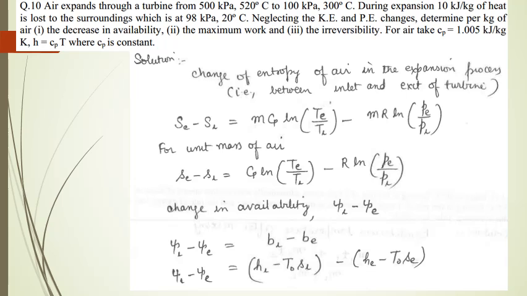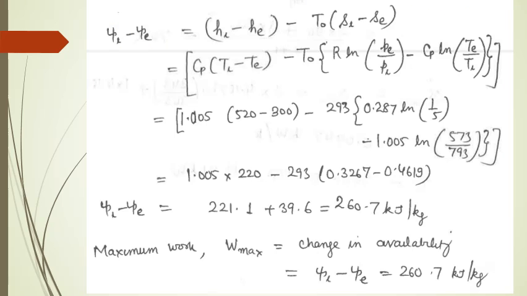So that can be written as Hi minus T naught Si minus He minus T naught Se. Now psi i minus psi e, which is equal to Hi minus He minus T naught into Si minus Se, is expressed as Cp into Ti minus Te minus T naught into R ln of Pe upon Pi minus Cp ln of Te upon Ti.